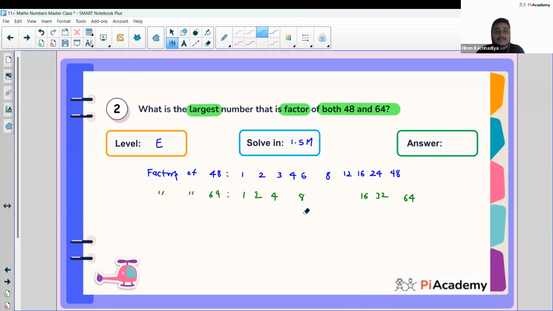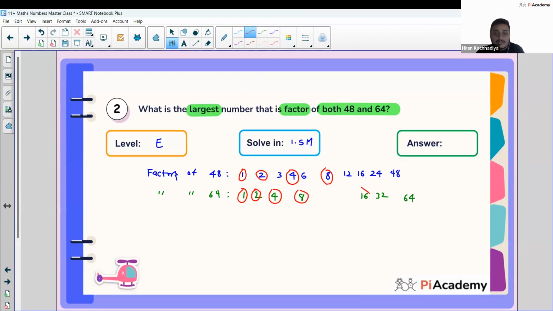So in this list, as you can see, most of you answered me 8, okay? So here you have the common factors. What are the common factors? Whatever the common factors, I am putting a round around it, okay? This one is a common factor, 1, 2. Yeah, 1 is always there. But as mentioned, 1 cannot be the answer. 4 is also common. So first of all, you will see what things are common, okay? 8 is also common.